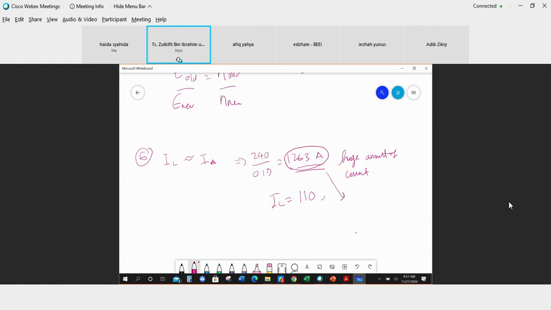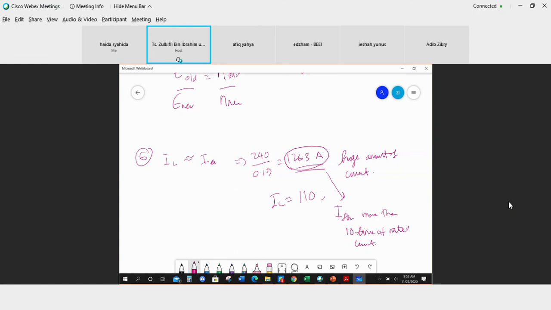So the starting current ni I start awak adalah more than 10 times of rated current. Betul. Kalau kali 10 baru 1100. So this is more than 10 times. Sangat besar lah.